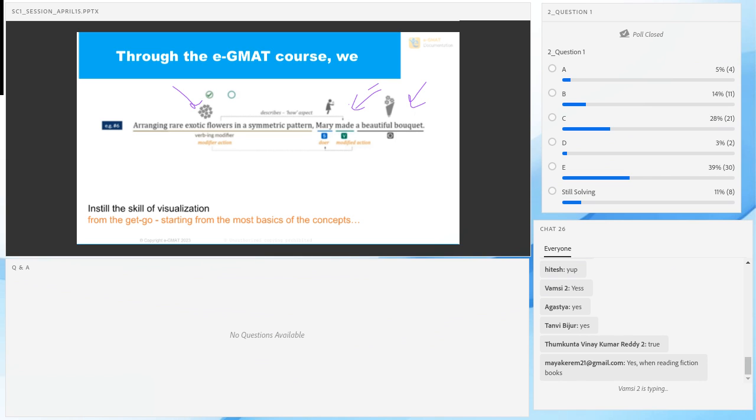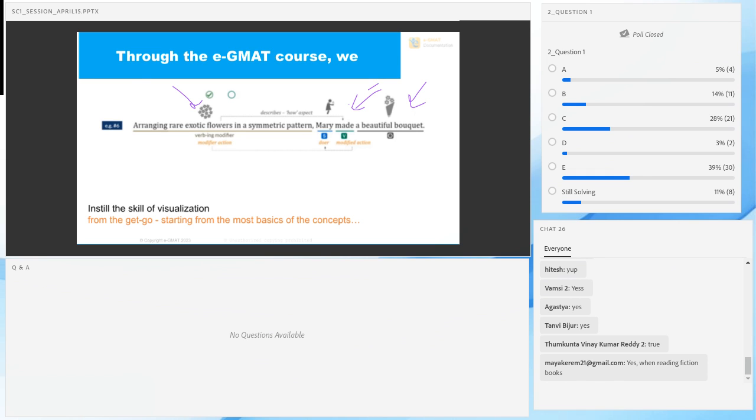So that from the get-go, you start to make those connections in your head, so that even when you don't see these visual cues explicitly on the screen, when you're not doing the e-GMAT course, you will automatically start doing that because you've gotten so used to seeing it through the e-GMAT course.